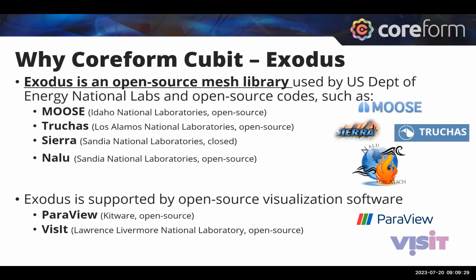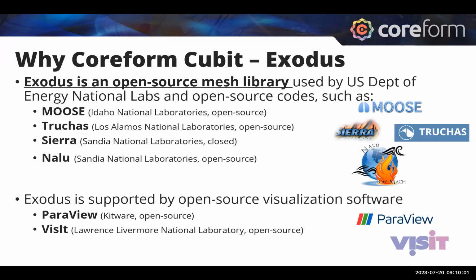Truchas from Los Alamos National Laboratories, also open source. You can find its repositories on GitHub or GitLab. Sierra is a suite of physics solvers at Sandia National Laboratories. It is closed, but it's a very powerful set of tools. And then there's also Nalu, which is a low-Mach CFD solver from Sandia National Laboratories, which is open source. You can find it on GitHub as well.